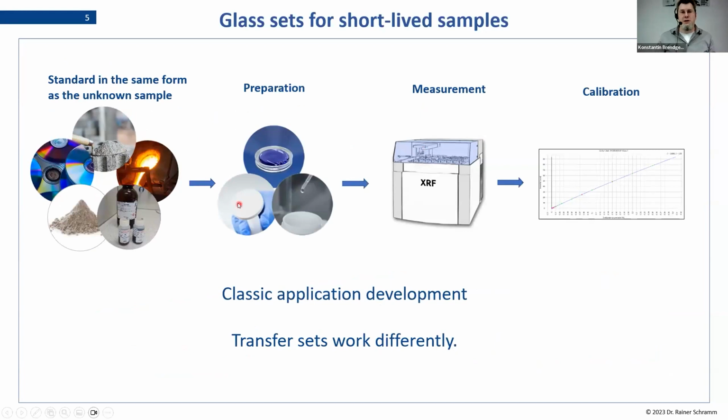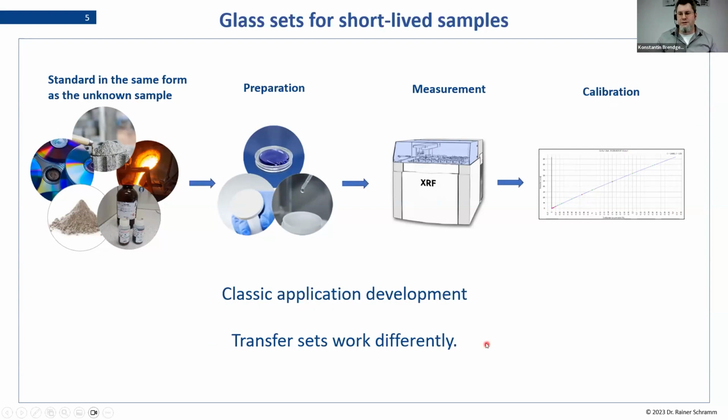We then do preparation. Again, in preparation, we keep all parameters the same for the standards and the unknown samples later. We then have the measurement part, and all of this leads to a calibration. That is your classical approach to develop a method, an application.